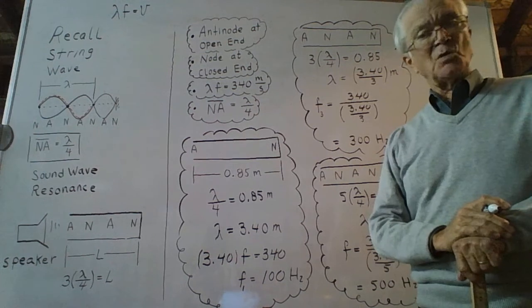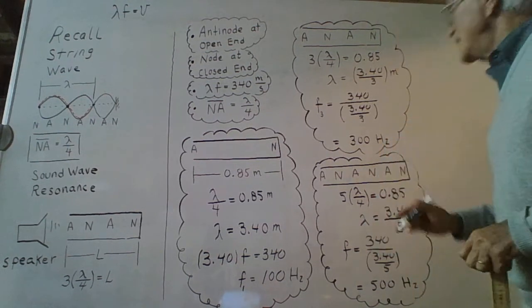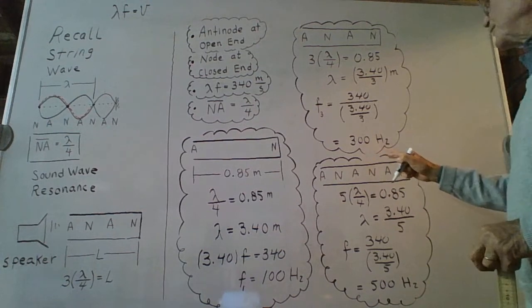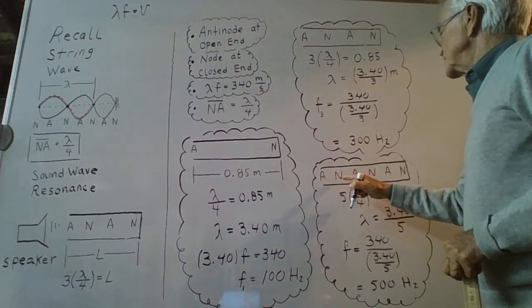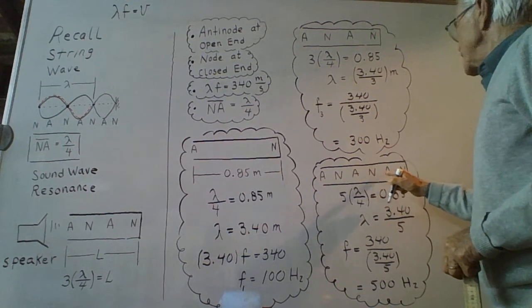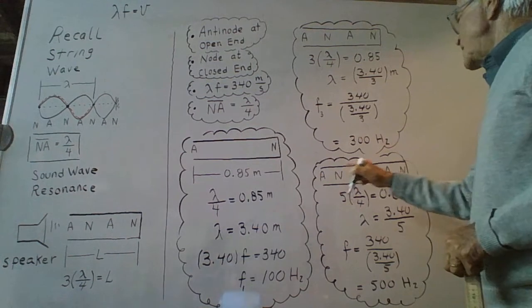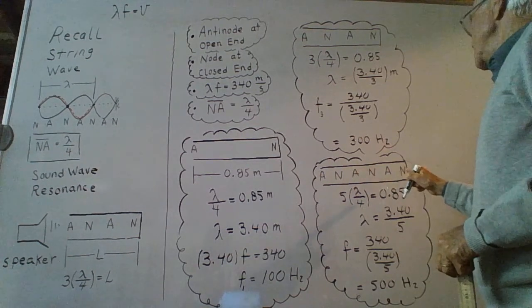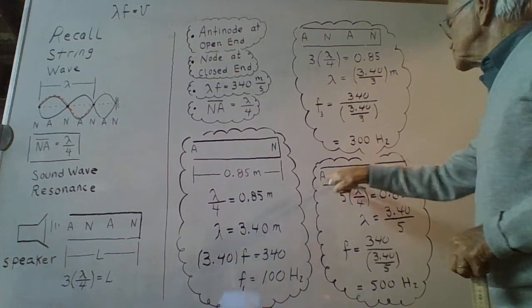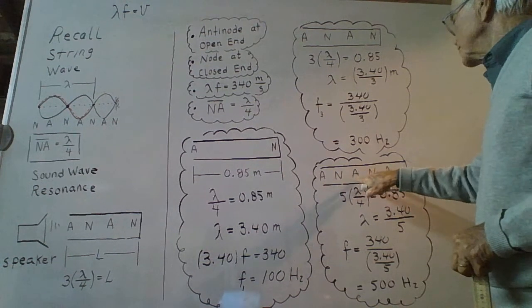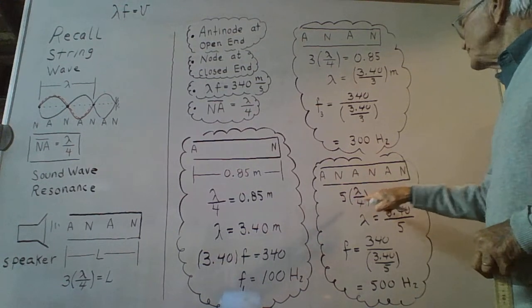Well, we can keep going like this, and let's keep going up one more time and find the next lowest frequency that will resonate in this tube. And I show the letters that array along the tube, AN, AN, AN, AN, and AN. Well, there are 5 such of these special distances, 1, 2, 3, 4, and 5, each being a quarter lambda. Add them all up, length of the tube.